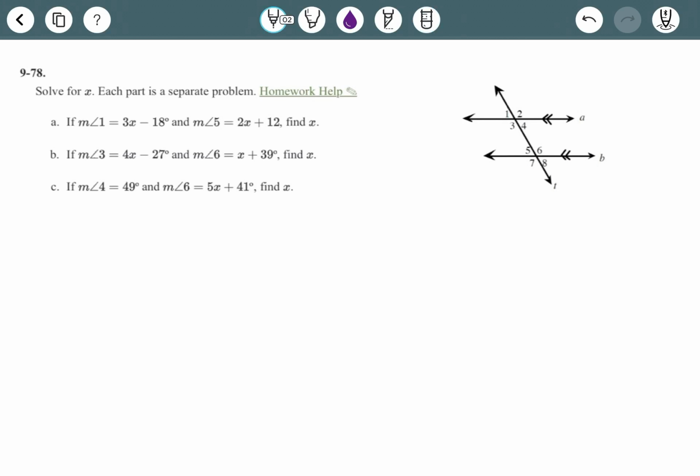What we're going to do is we have our 49 degrees, that's the measure of angle 4. The measure of angle 6 is 5x plus 41. We're going to add these two together because, as I talked about, they're not equal, but they add up to 180 degrees.